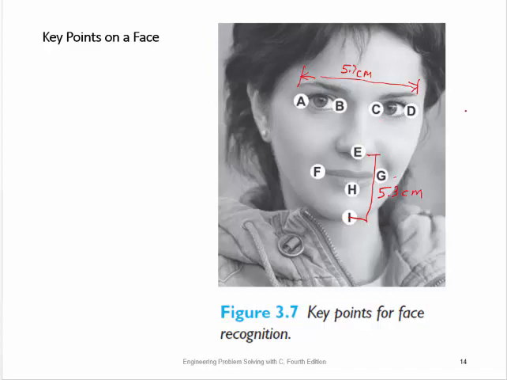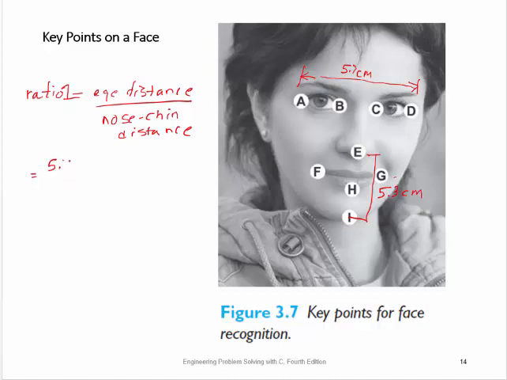So if I have this first image, image 1, and I compute a ratio of the distances that I care about, which is the ratio of the eye distance to the nose-chin distance, I end up for this person, for image 1, so I'll call it ratio 1, with a ratio of 5.7 to 5.3, and that equals 1.08. It's just a ratio, it's just a number.